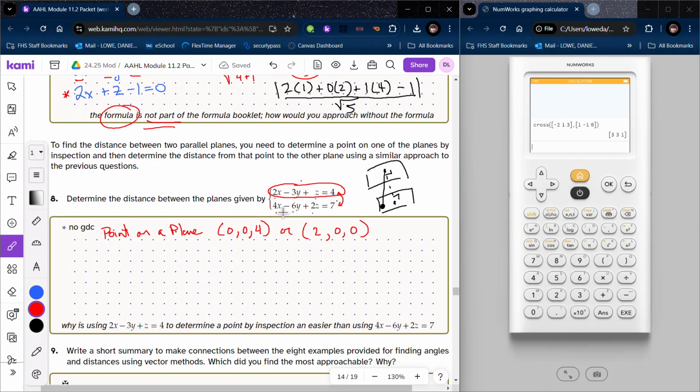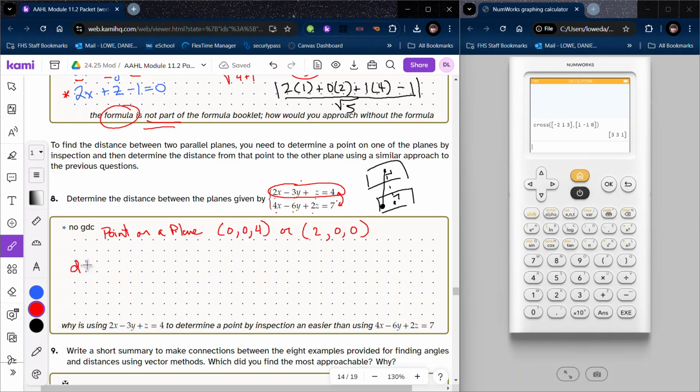Well, because it allows me to quickly get a value that satisfies the equation without worrying about fractions, right? I could say, hey, this is x is 7/4, y is 0, z is 0, or I could say z is negative 7/6, or y is negative 7/6, x is 0, z is 0, or I could say x is 0, y is 0, and z is 7/2 to satisfy the second equation, but why work with fractions if you don't have to? So we know a point on the plane. So either one of those works.